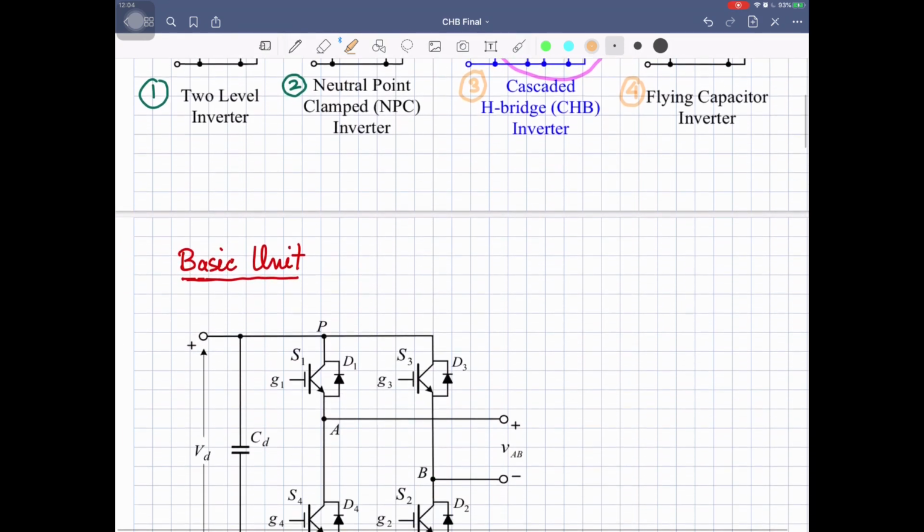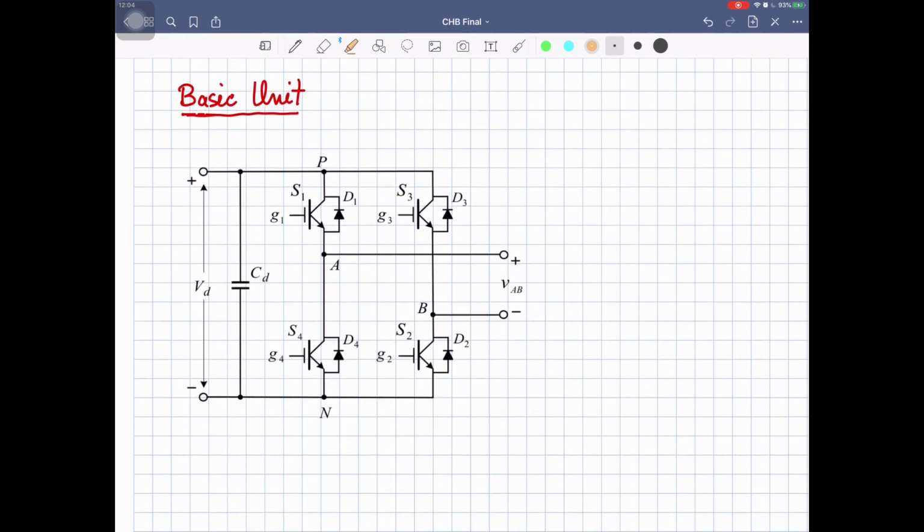Okay, now let's look at the basic unit, that is the H-bridge circuit, a full bridge circuit that is cascaded to develop multiple levels in the output voltage waveform. We have already discussed this inverter in detail, so I will briefly revise it.